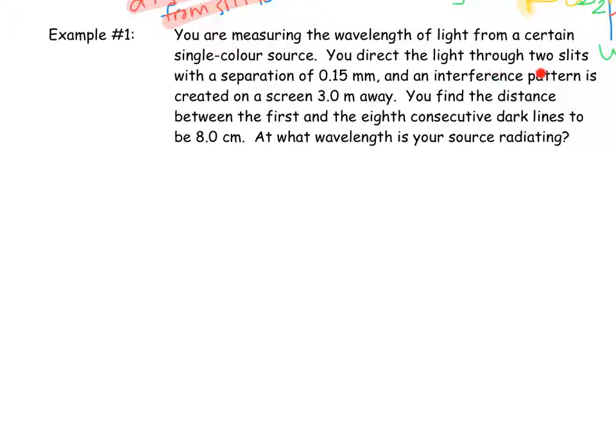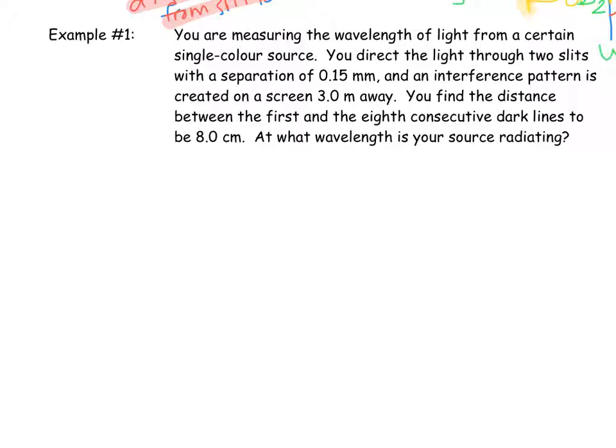You direct the light through two slits, with a separation of 0.15 millimeters, and an interference pattern is created on a screen 3 meters away. You find the distance between the first and 8th consecutive dark lines to be 8 centimeters. At what wavelength is your source radiating?